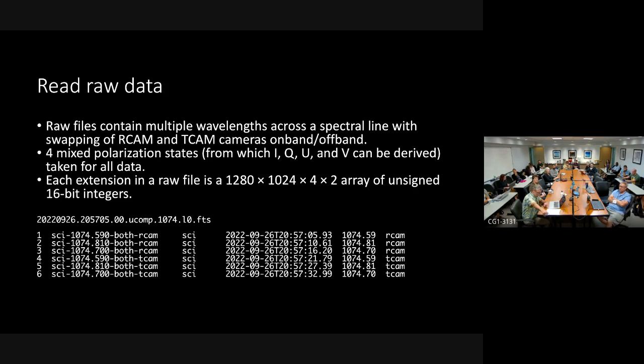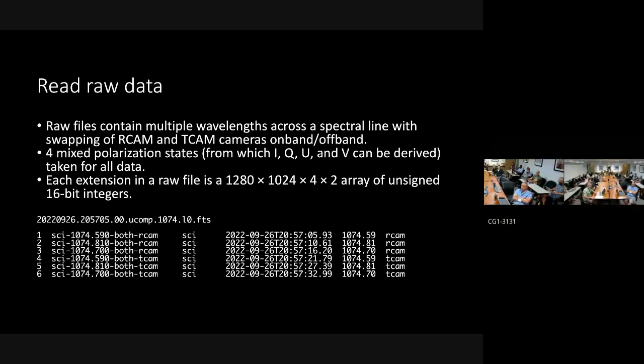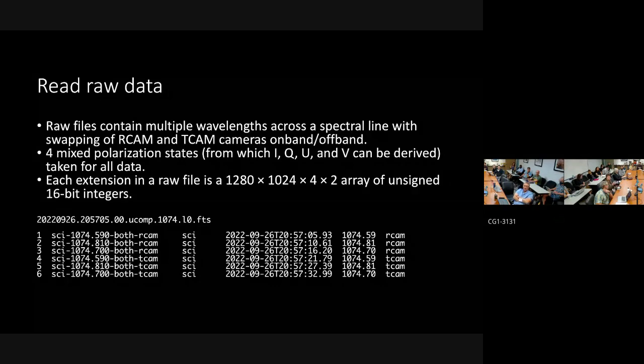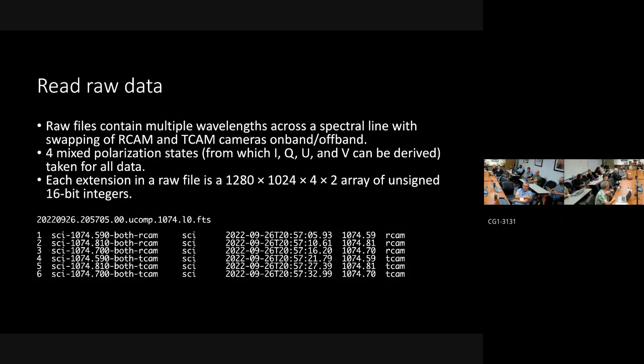So the first index there is the number of the extension, then a name, which means something to us. There is a data type in our files. Phi is everything that you care about, but we have various calibration files that we use in the processing. So this is a science file that has the corona in it, a date and time, a wavelength, and it says which camera is on band at the time.